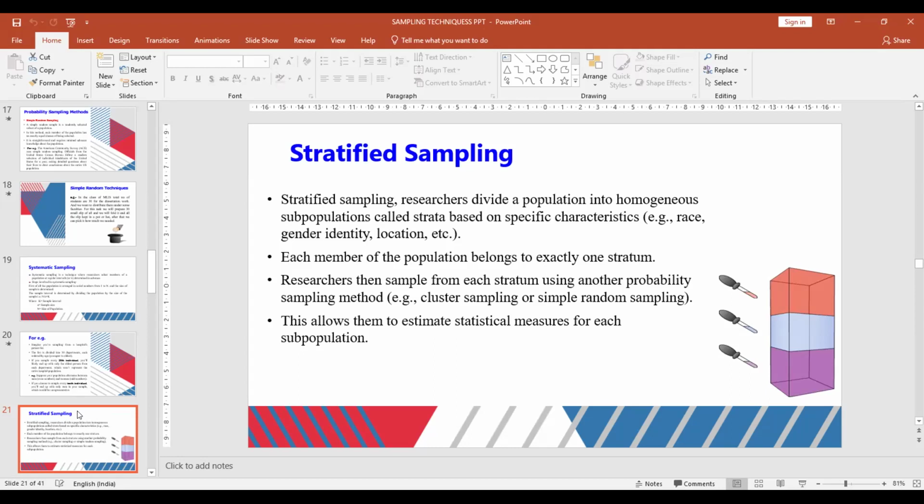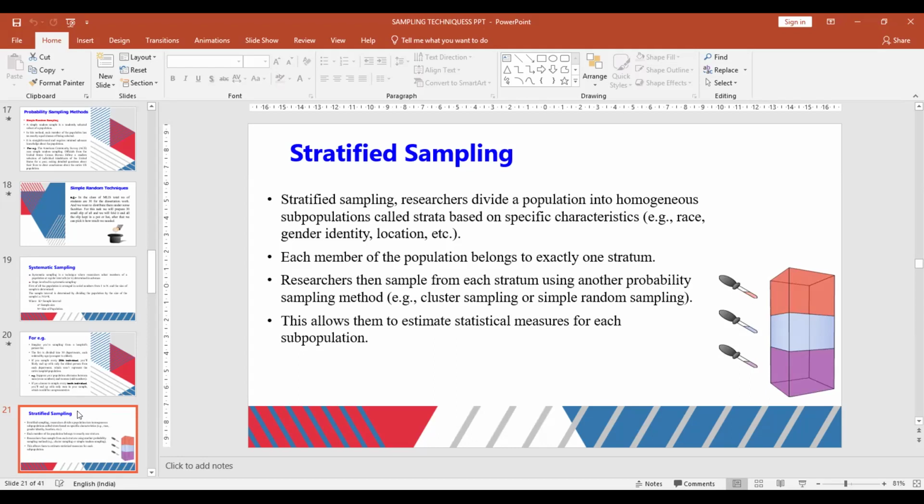like, the researcher divided a population into homogeneous subpopulations called strata. Strata means subgroups on a specific characteristic, maybe race, maybe gender identity, maybe location, or others.